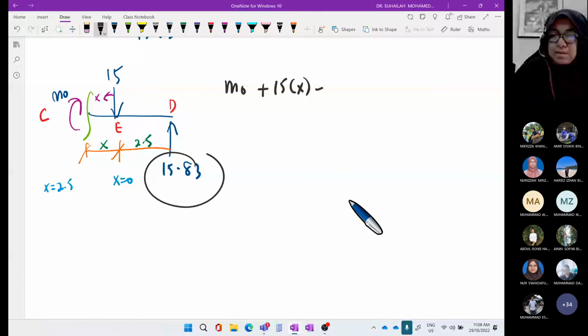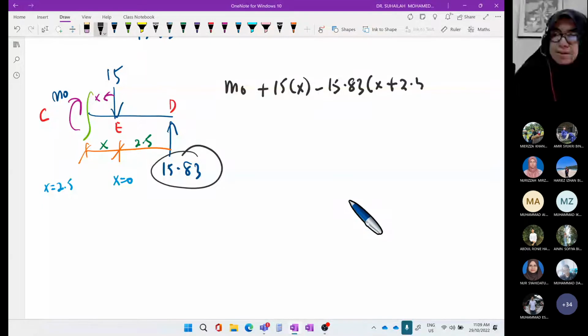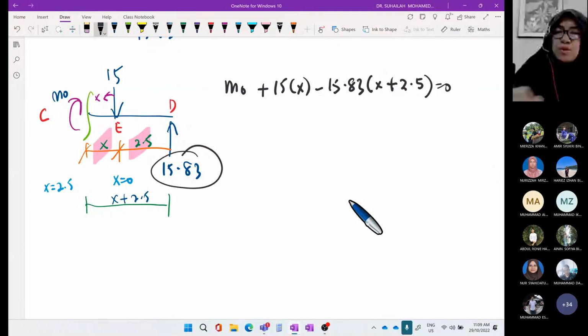The length is X plus 2.5, because we add this and this, so the length is X plus 2.5 from D. So simplify this, we get M naught equal to negative 15x plus 15.83 times (x plus 2.5).